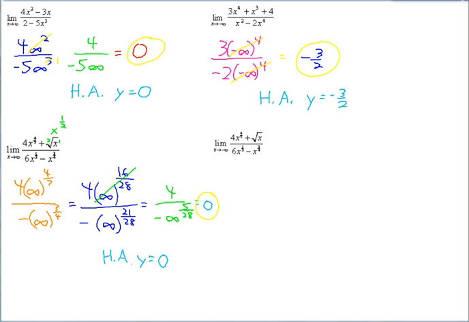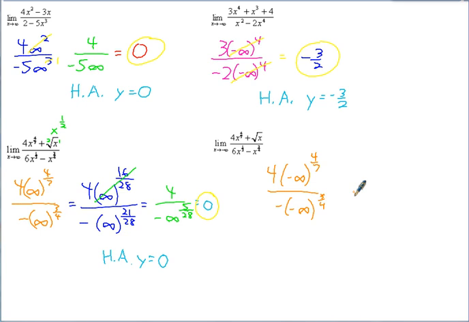Again, negative infinity, you usually have to be a little bit more careful on a lot of these as opposed to positive infinity. So if we try to do the same thing, if we went to negative infinity to the 4/7 over negative infinity to the 3/4, and try to work it out the same way, you'd probably get 0 again.